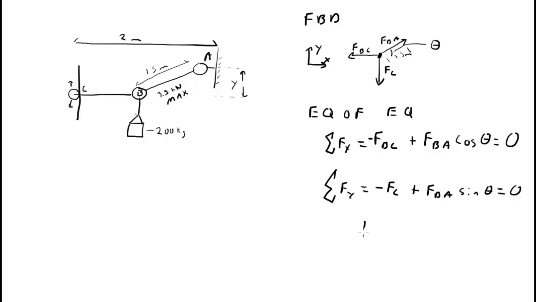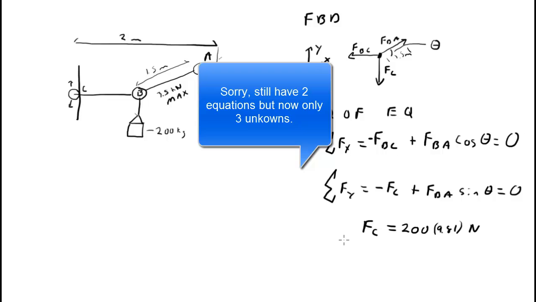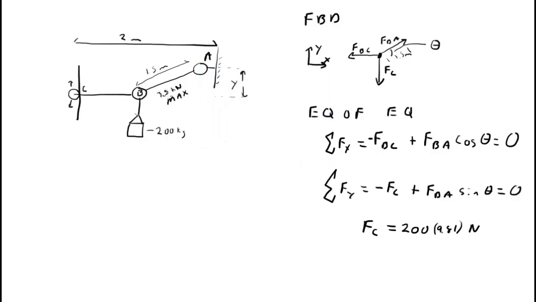Well, one thing we can write down is that this force in this cable is due to the weight. So that force has to be 200 times 9.81 newtons. So still have 4 unknowns, but now we have 3 equations. The last thing that we'll note is that the problem says that this cord can only hold 3.5 kilonewtons max.